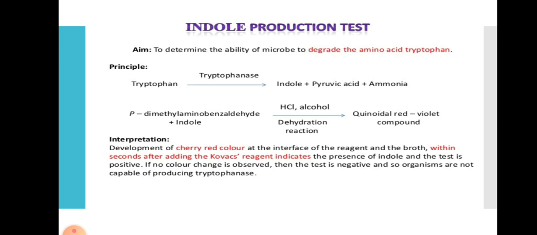The indole produced in this reaction is detected by para-dimethylaminobenzaldehyde. This reaction takes place in presence of HCl and alcohol, and it results in dehydration, removal of one water molecule, and production of a quinoidal red-violet compound.